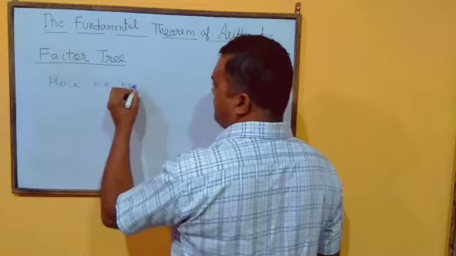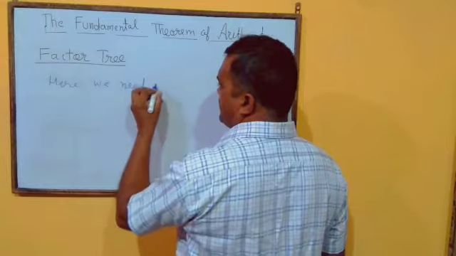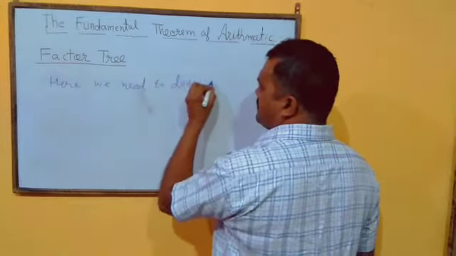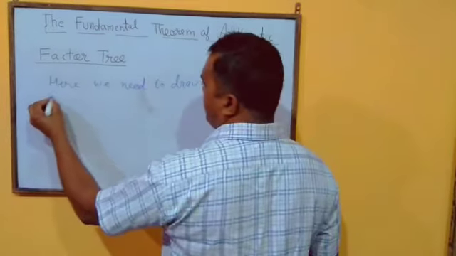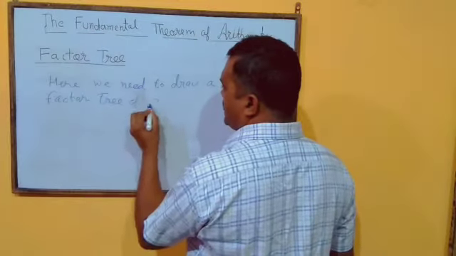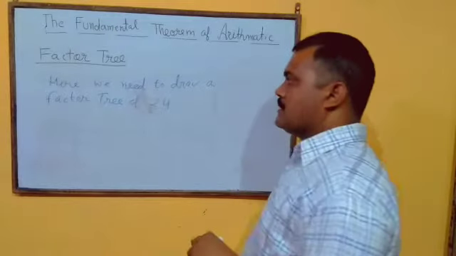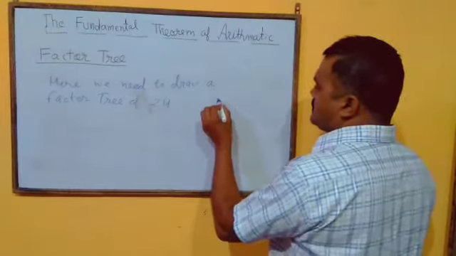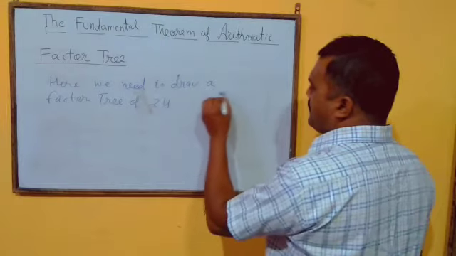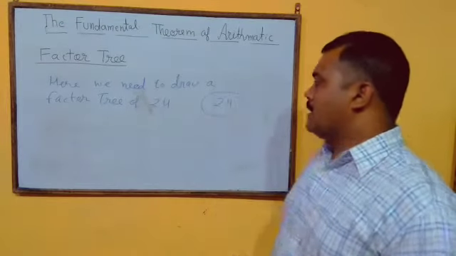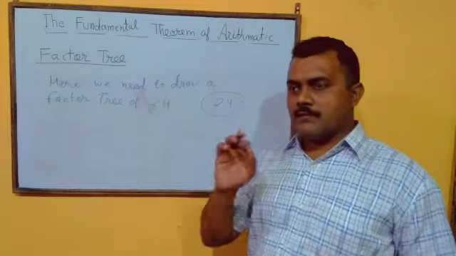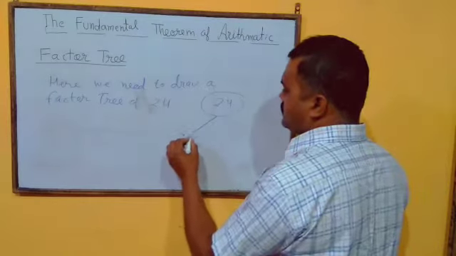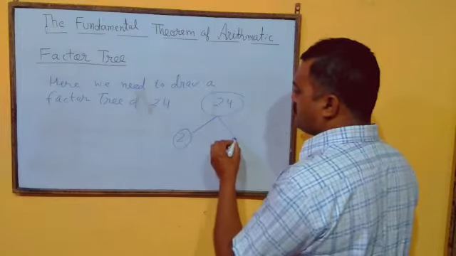After knowing factor, let us see what a factor tree is. We need to draw a factor tree of 24. So how will this be done? Let me tell you. First, you just write 24. Now 24 comes from the multiplication 2 times 12. So one branch went to 2 and the other to 12.